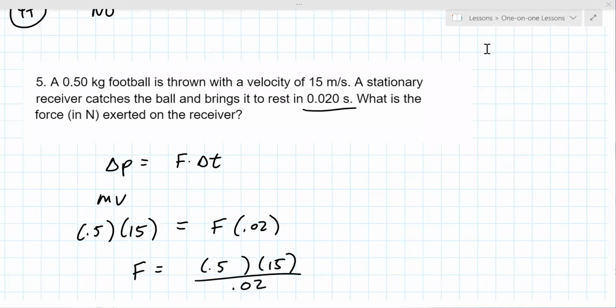Oh, okay. Let me get a number for that. 375 newtons. 0.02. Okay.